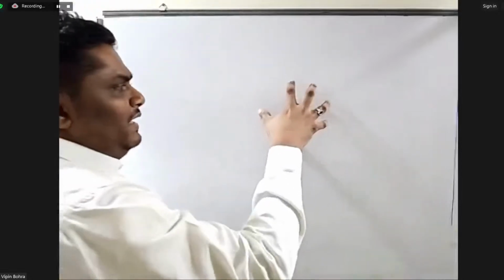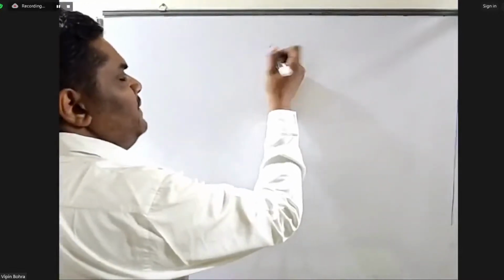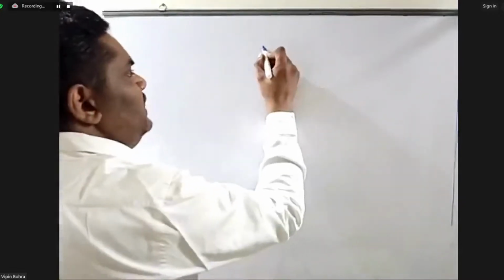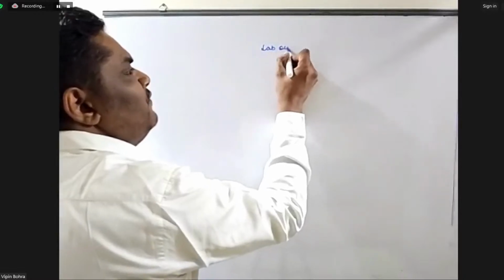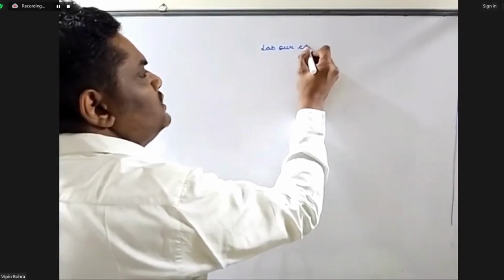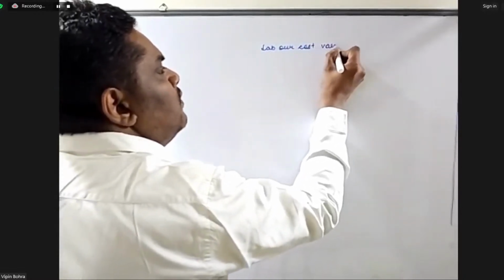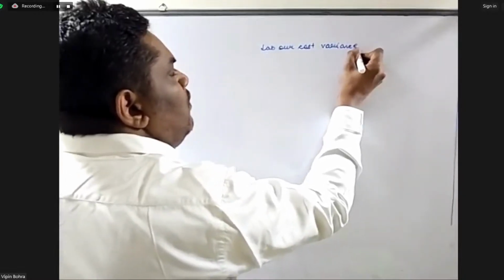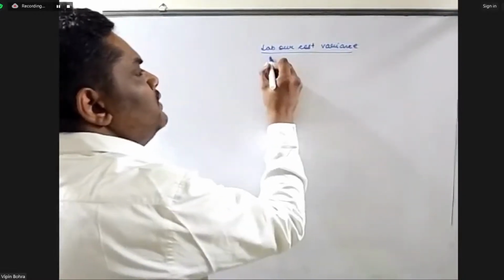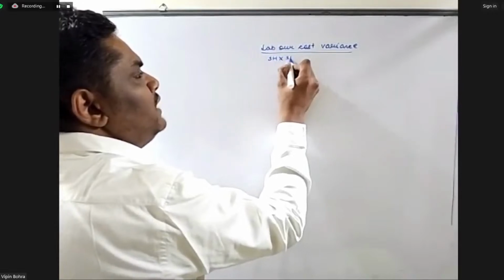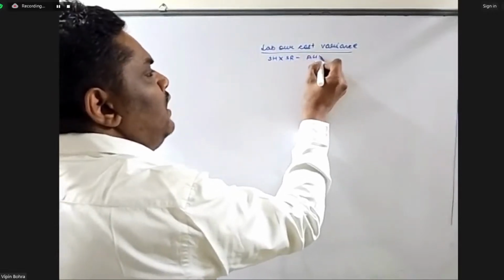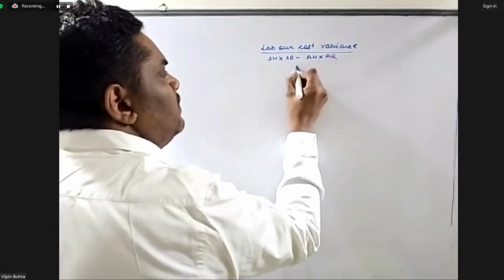So see, Anmol, it's very simple. If you consider idle time here, let me give you a brief about what I've discussed in labor variance. First we calculate labor cost variance: standard hours into standard rate minus actual hours into actual rate.